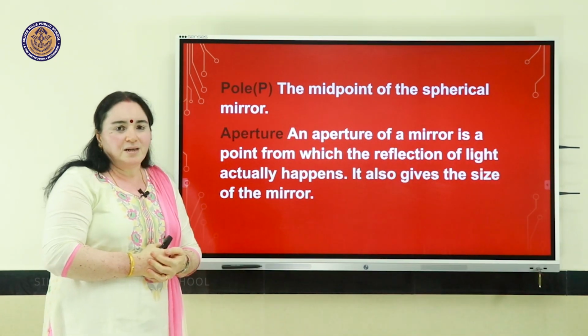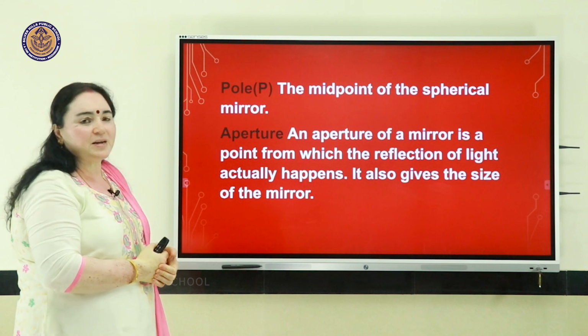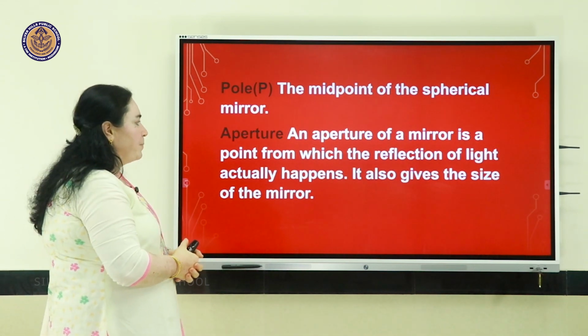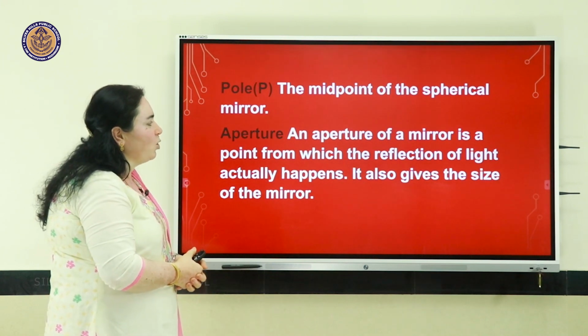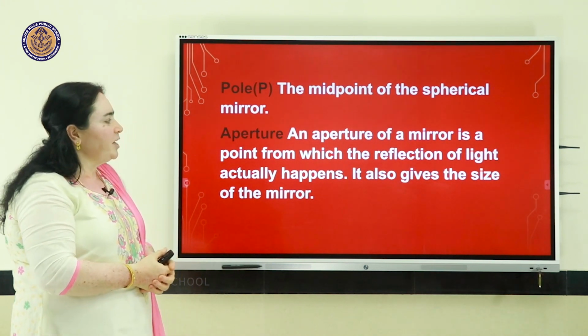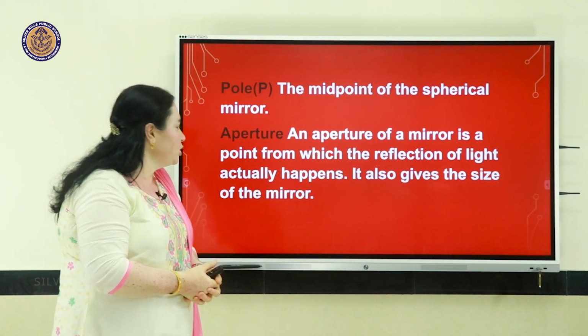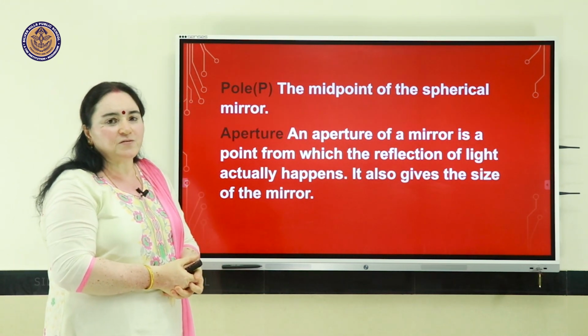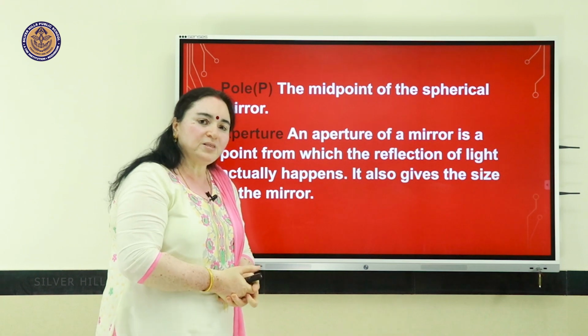The pole, the midpoint of the spherical mirror is called as the pole. Aperture. An aperture of a mirror is a point from which the reflection of light actually happens. It also gives the size of the mirror.